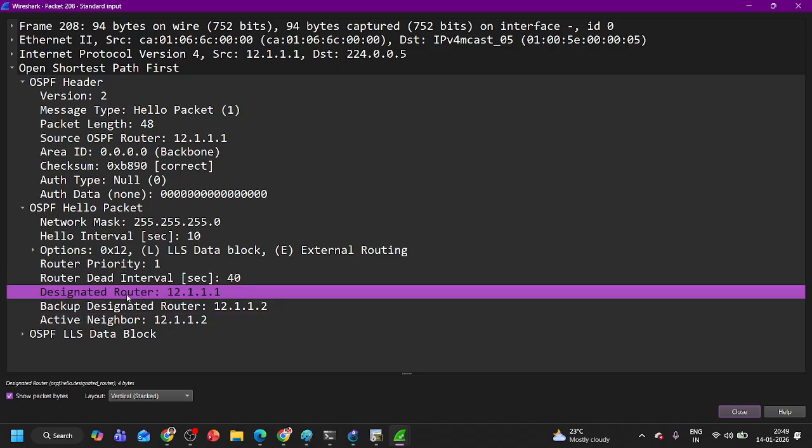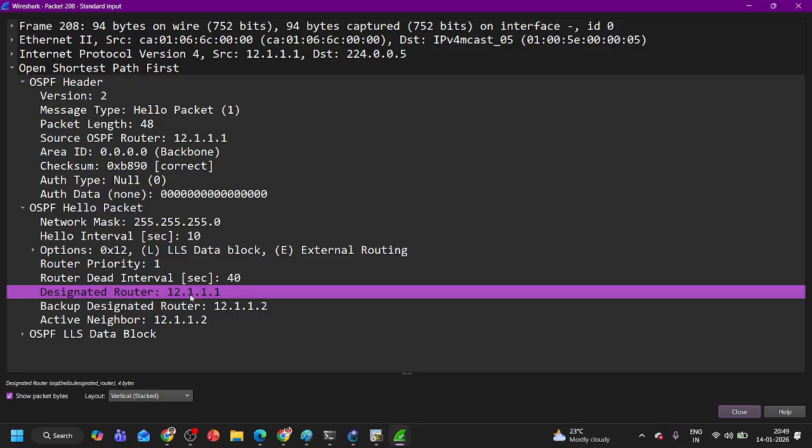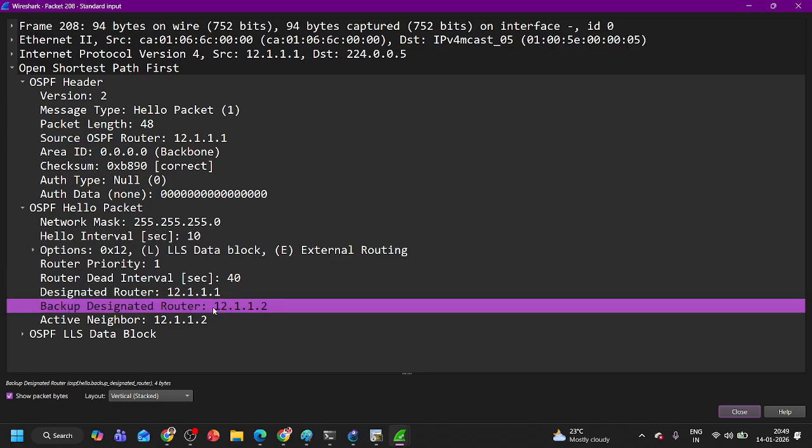Earlier DR router and BDR router information was there. BDR was 0.0.0.0. Now BDR is 12.1.1.2. Router 1 is the DR, 12.1.1.1. 12.1.1.2 is the BDR. A router is not going to become DR or BDR; the interface of the router will become DR or BDR. So the interface with IP 12.1.1.1 became DR, and the interface with IP 12.1.1.2 became BDR.